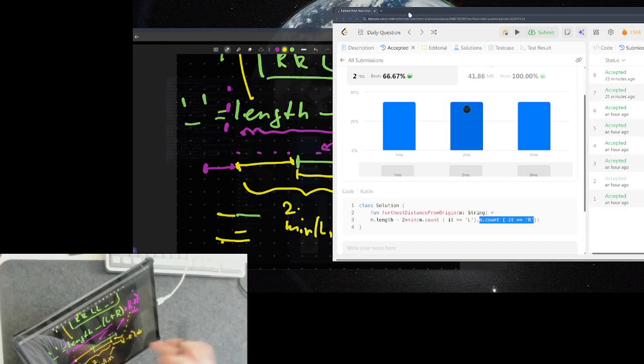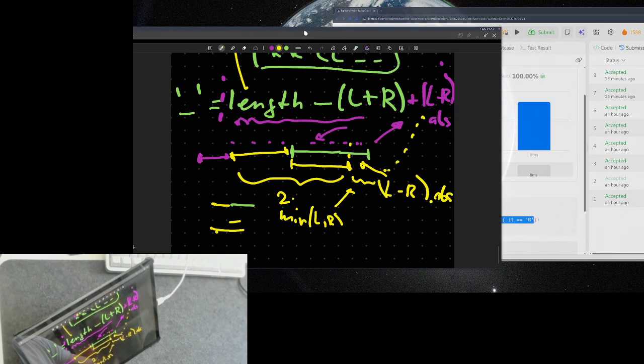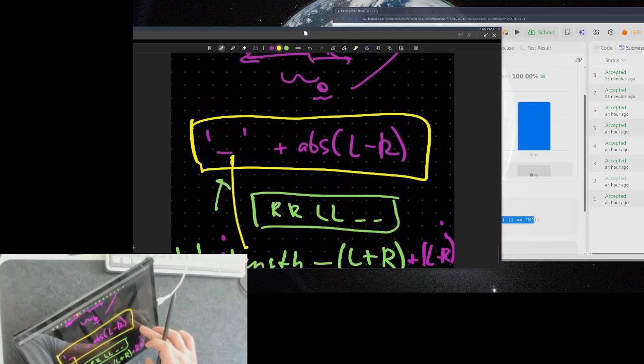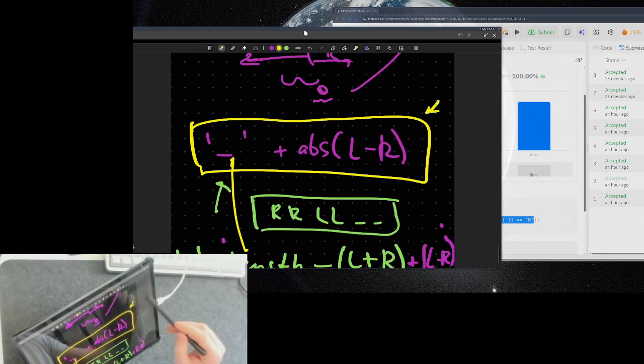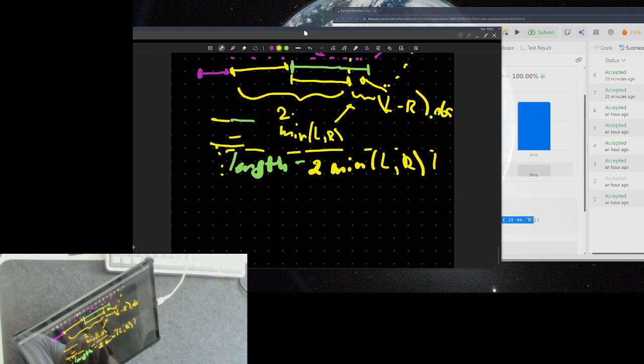So the final formula is the length minus 2 times the minimum of LR. We went from this one, where we take underscores plus the absolute value of L minus R, and the final formula is the total length minus 2 minimums LR.